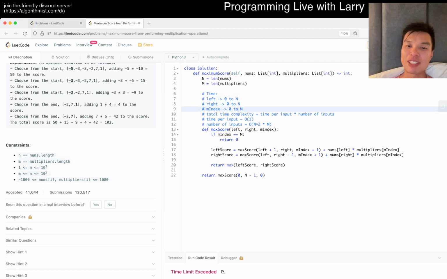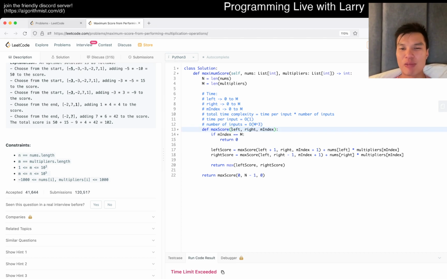Well, the first thing to notice is that left doesn't go all the way to n, right? If n has way too many numbers, it doesn't matter because it's bounded by m. So same logic here, and we can reduce this to m cubed, right? The second thing to recognize is that even though this has three inputs, what is happening there, right?